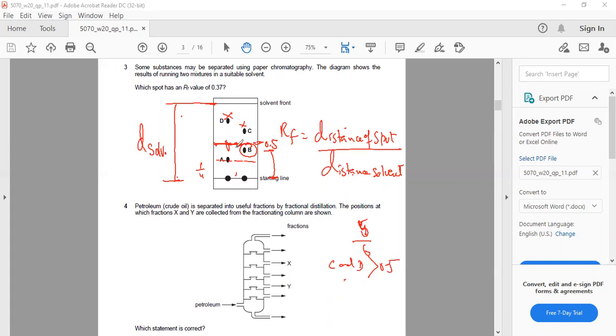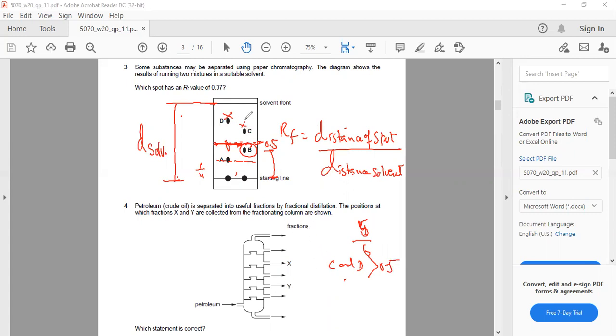Understand? Because they have covered more distance than half of the total distance covered by the solvent. And you must know that RF value must be less than 1 because the solvent front is always greater.